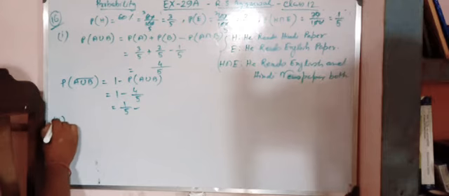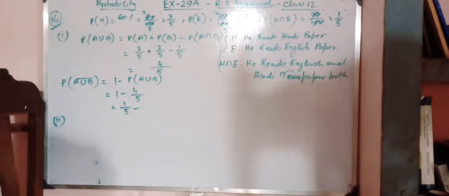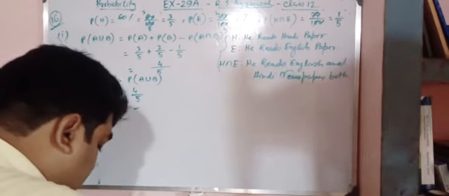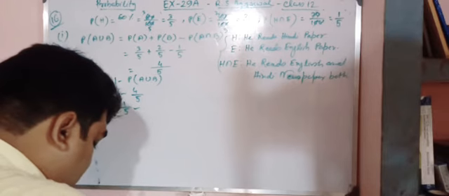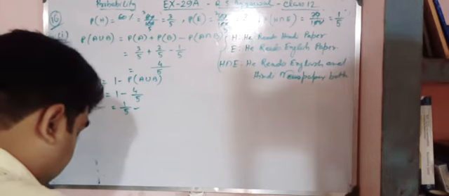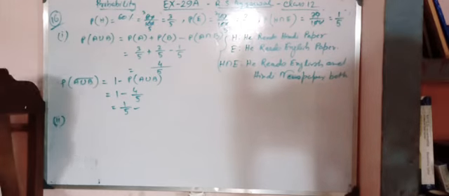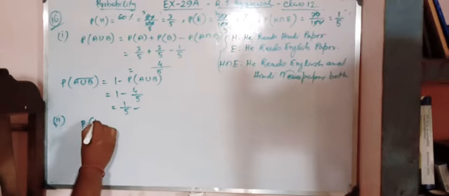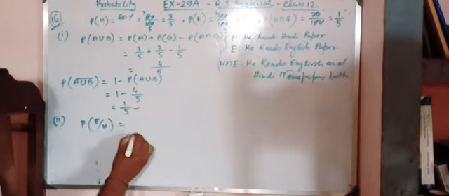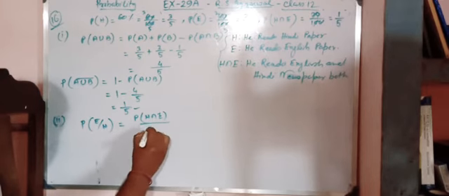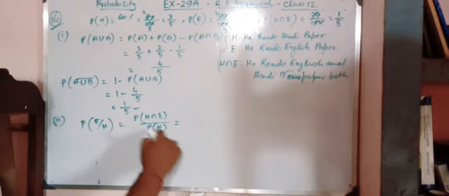Next come to second question. Second question is: if he reads Hindi newspaper, what is the probability that he reads English newspaper? So we have to find probability of E given H. That's equal to probability of H intersection E by probability of H, from conditional probability.